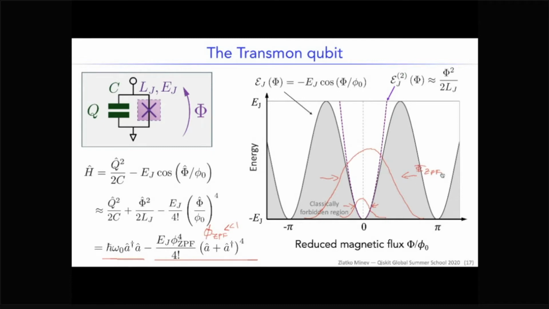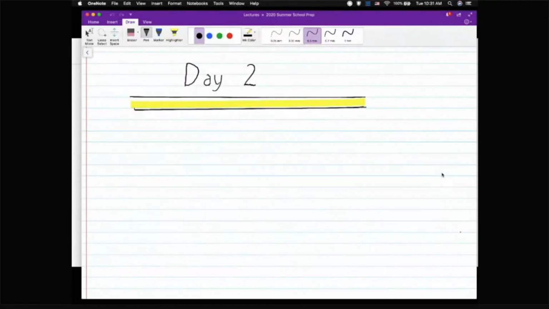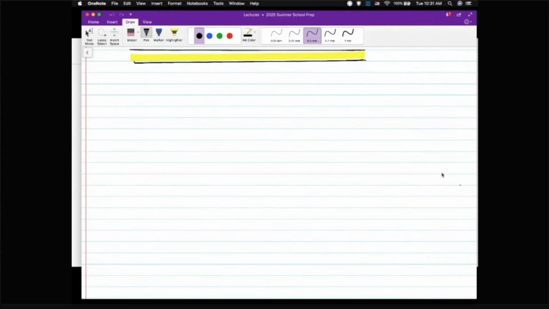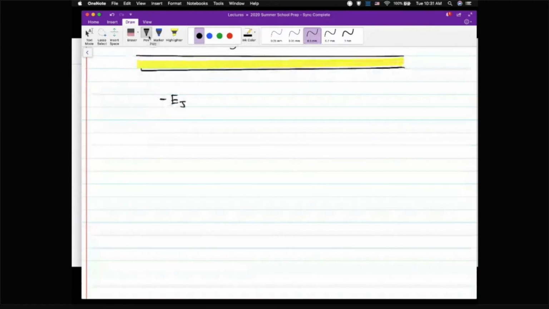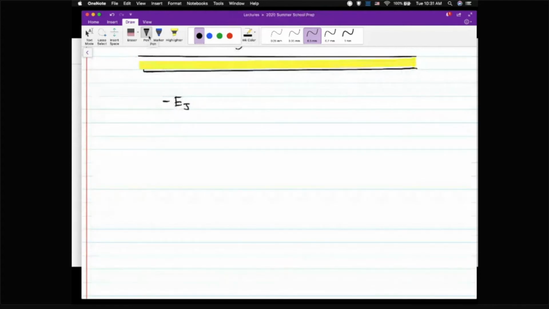So let's look at this fourth order term. If I just look at the nonlinearity, it looks like negative EJ, phi ZPF to the fourth power. This is really just some constant, so I'm not even going to worry about it.